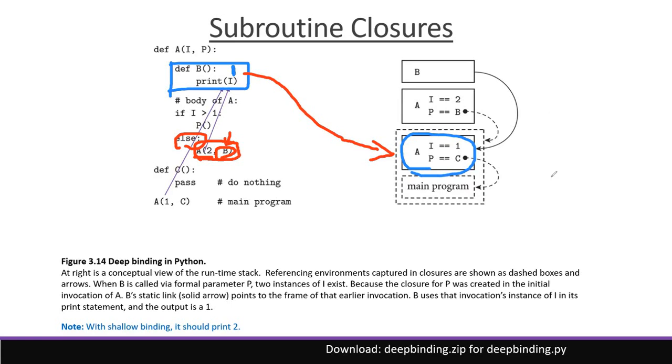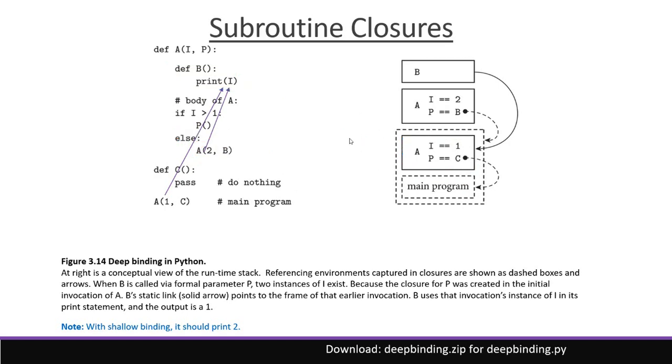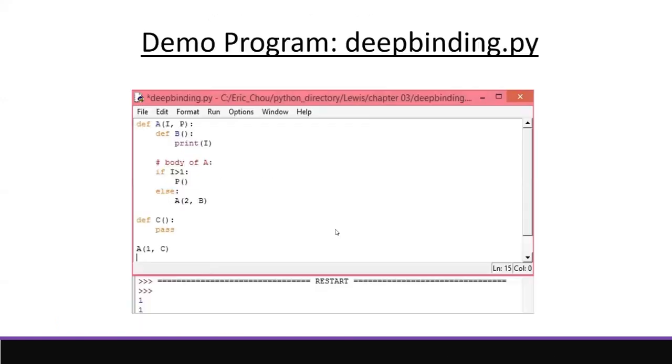Any question? This is deep binding. You can try it in your Python to figure it out. It's just to study deep binding. But that's the rule: your definition is when you define it.